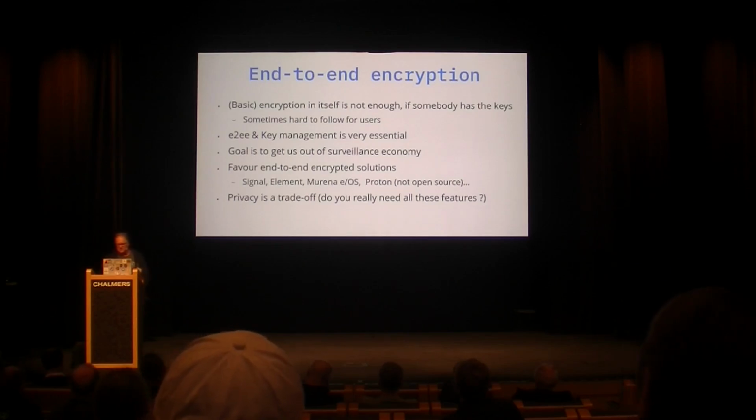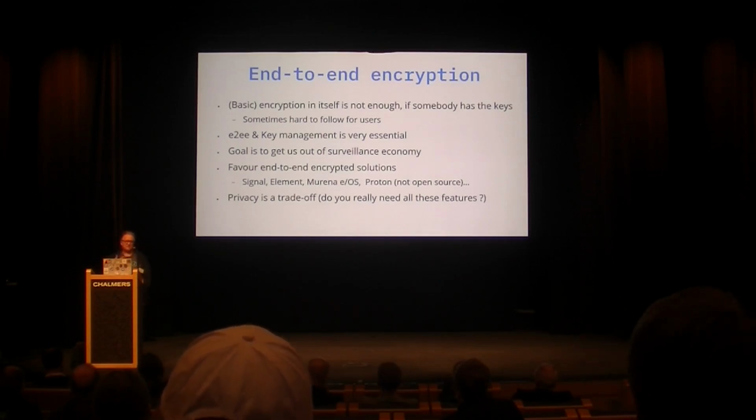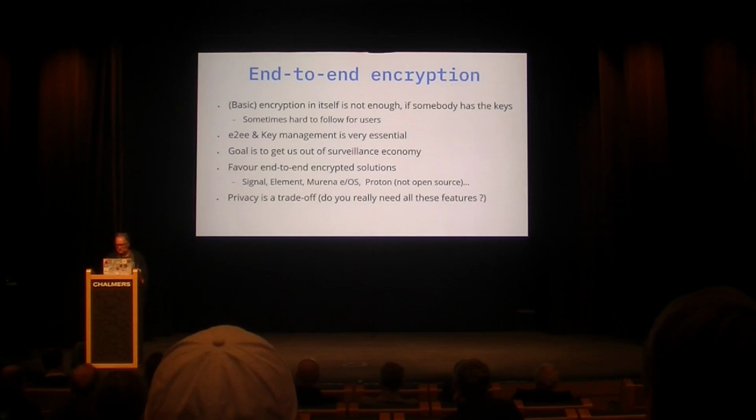Now, privacy is a trade-off. Sometimes there are features that are really difficult to do with end-to-end encryption, and the question that will arise for the user is whether or not they do need all these features. So in some cases, for example, AI is really difficult to do in an end-to-end encrypted system, because if you really want to do it right, you would have to bring the AI locally on the device, and that might be very difficult to do.